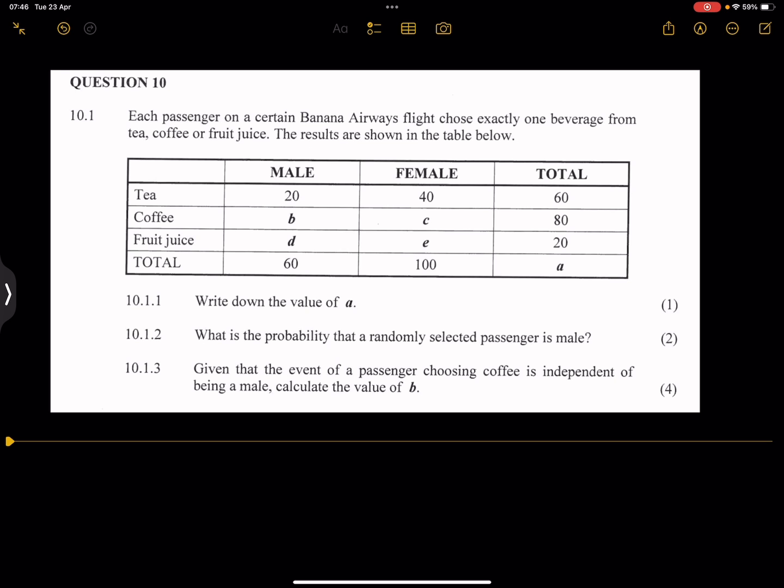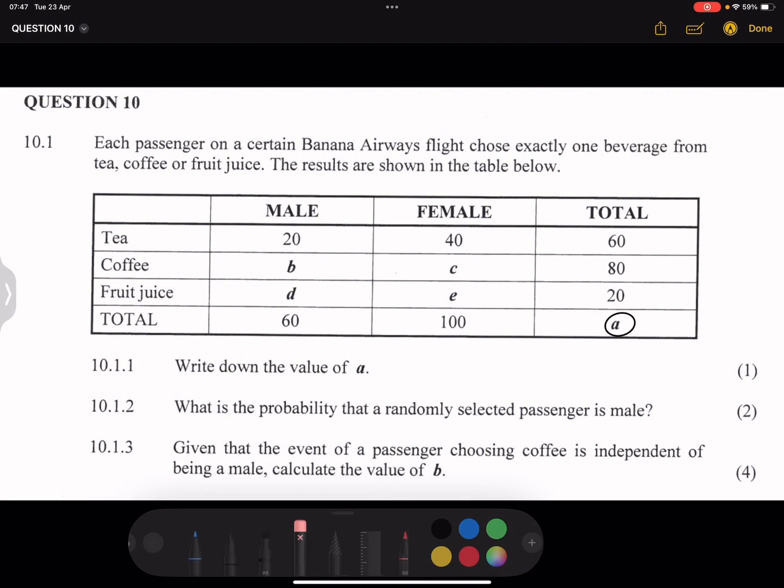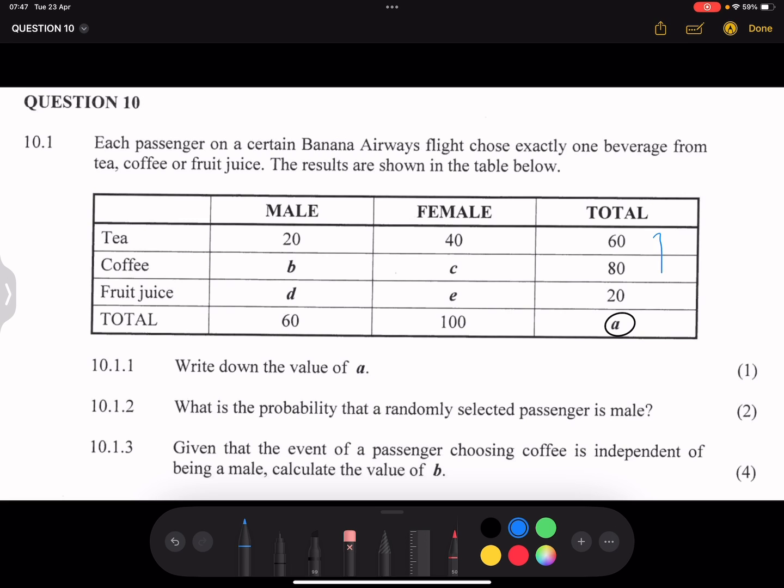They say to us, write down the value of A. You'd notice that when we've got a contingency table, whatever this value is, we can take the sum of it going down like this, or we can take the sum of it going across like that. Either way we get the same value.